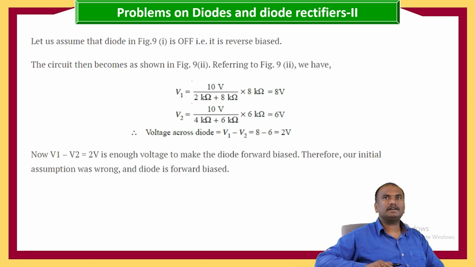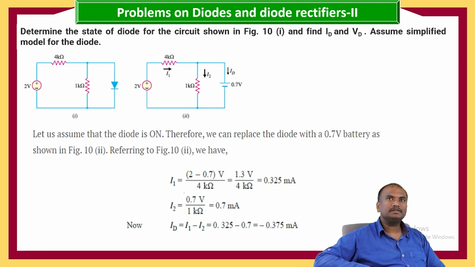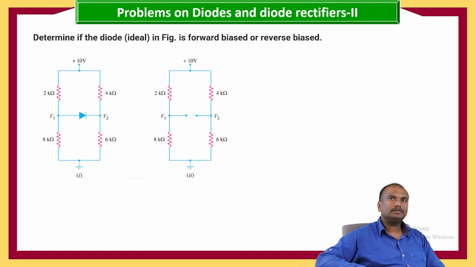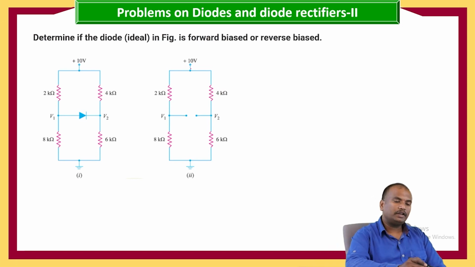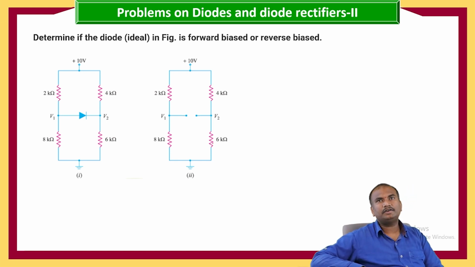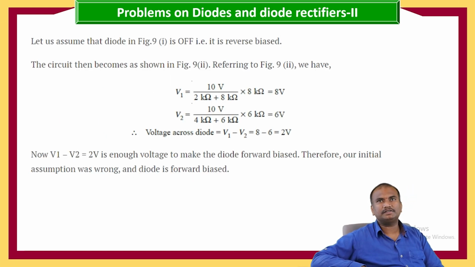In the reverse bias condition, the circuit becomes as in the second figure, where the voltage will be divided across the two series connected elements.